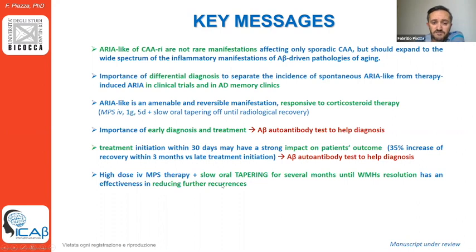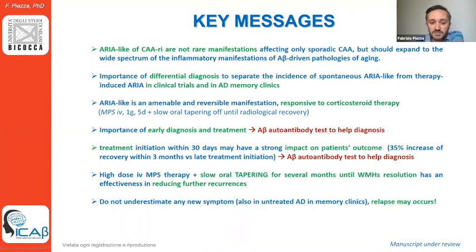Another important finding is that after high-dose corticosteroid therapy, it is important to maintain a very slow tapering off with oral steroids, because we found effectiveness of the tapering in reducing the incidence of further recurrence in these patients.